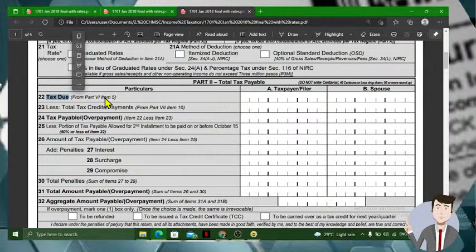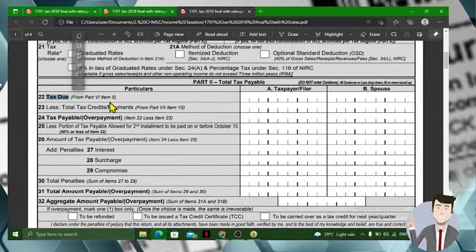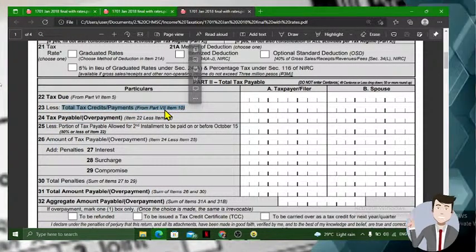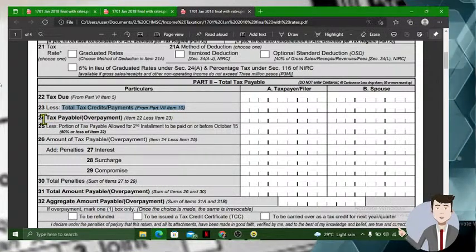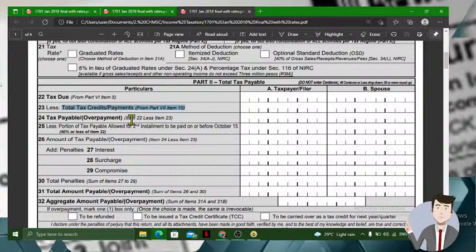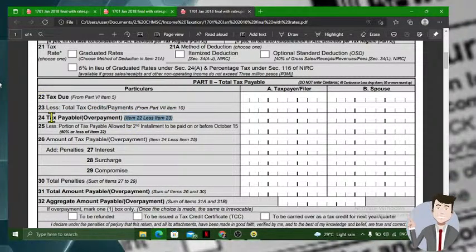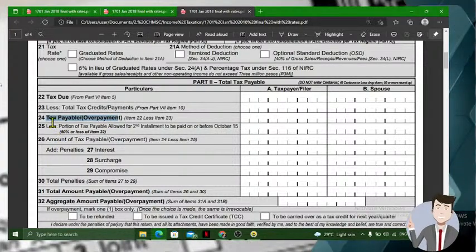Then, less tax credit or payment, which is from Part 7, item number 5. Then the difference would be, take note guys, the formula is already given: item number 22 less item number 23. So the result will be either tax payable or overpayment.